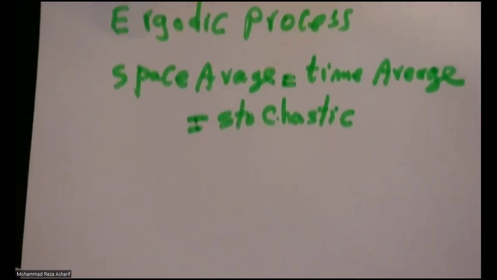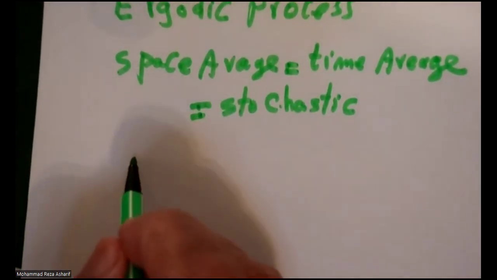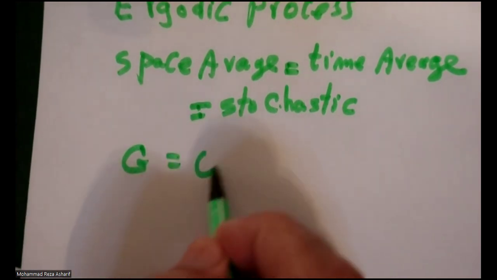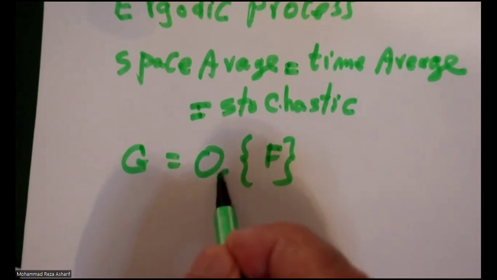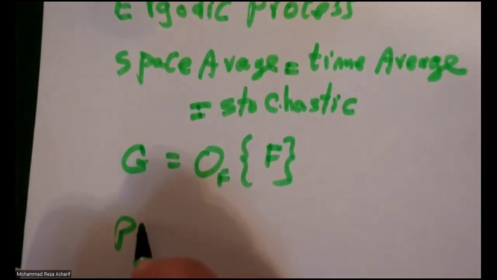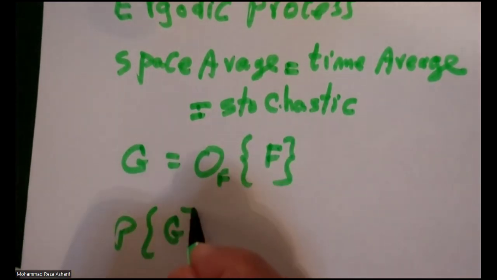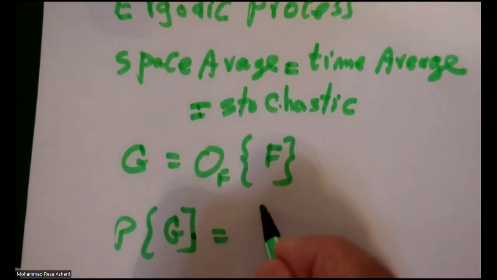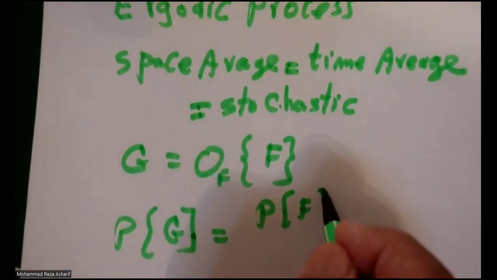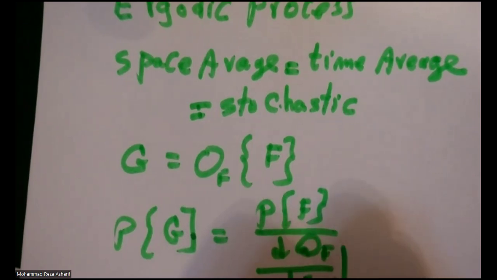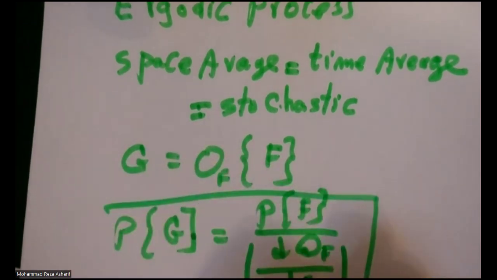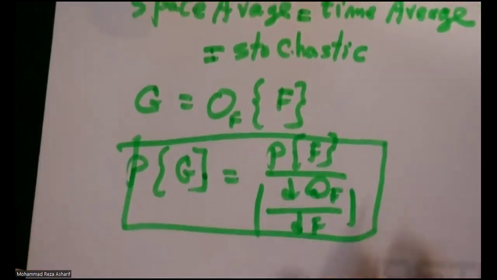Also, one important point: if we have a mapping of the operator O over F, then the probability function of the output is the probability of the input divided by the differential of the operator with respect to F, absolute value. This is a very important relation in probability theory.